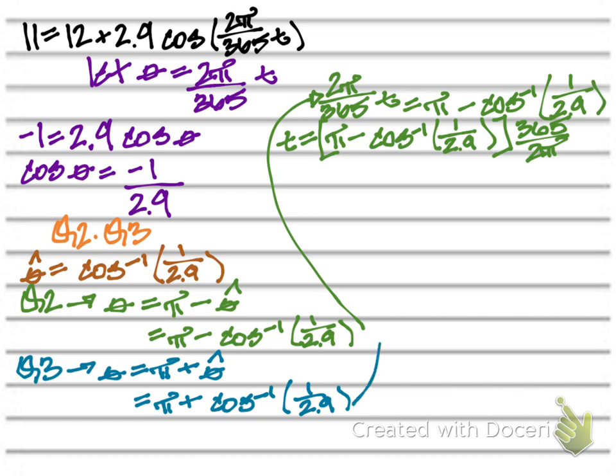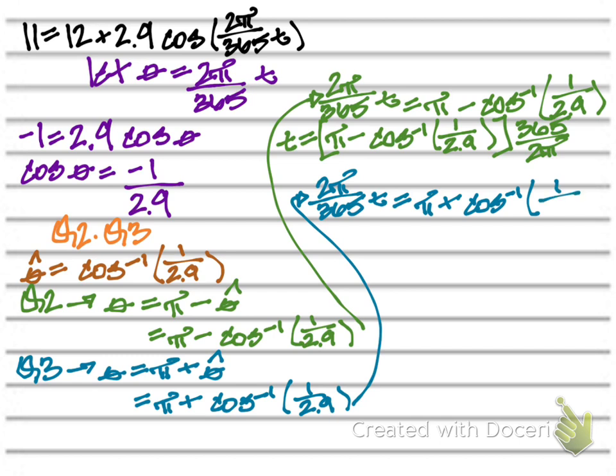Now, looking at my quadrant 3 guy and making that replacement for theta, we have 2 pi over 365t is pi plus the inverse cosine of 1 over 2.9.